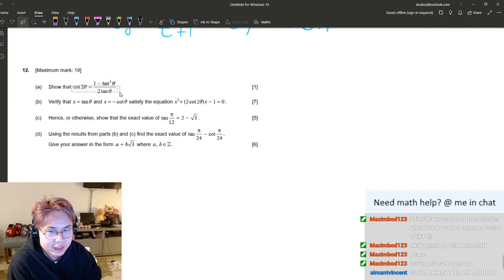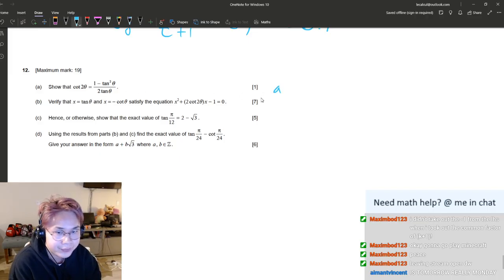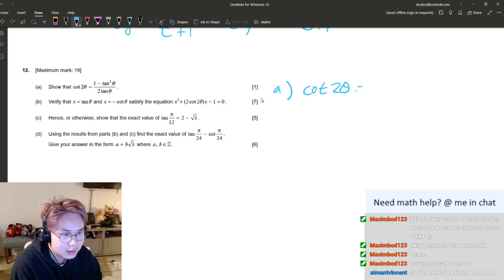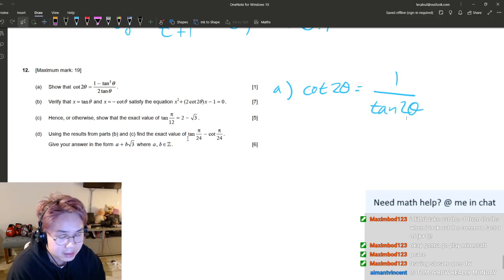Let's see this. Show that cotangent 2 theta is going to be this. Okay, identities. Everyone's favorite. So cotangent 2 theta is by definition the reciprocal of tangent 2 theta. And there's a double tangent identity in your formula book.